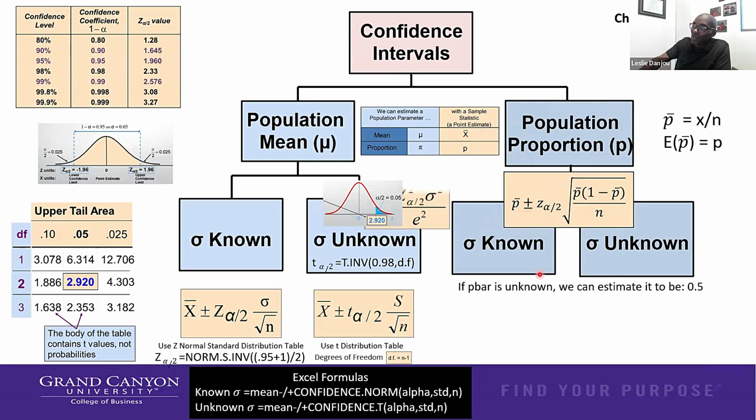Here's the wrap up. If we're trying to find the sample size, the n value, how do we calculate it? If we know our standard deviation, this is the formula we would use, but we must always round up.